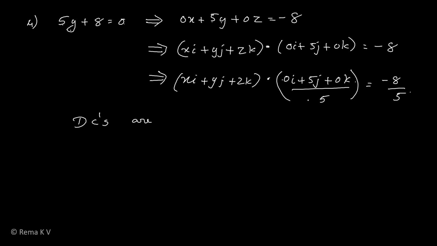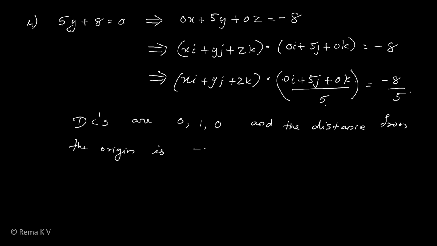It is 0 by 5, 5 by 5, 0 by 5. That is 0, 1 and 0 are the direction cosines, and the distance from the origin is minus 8 by 5.